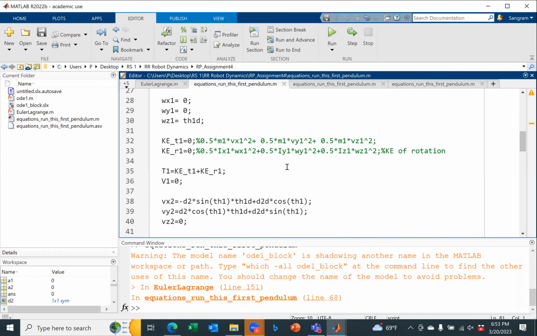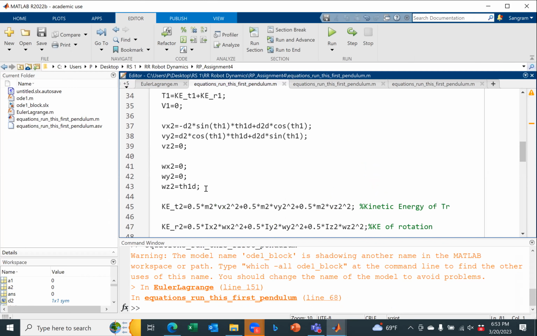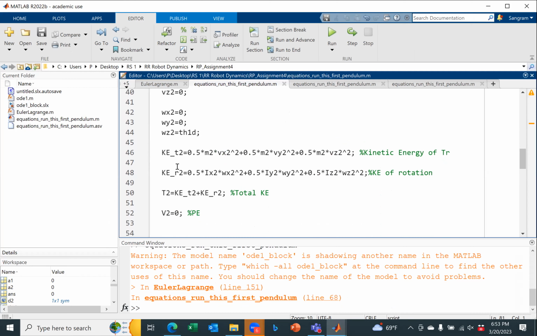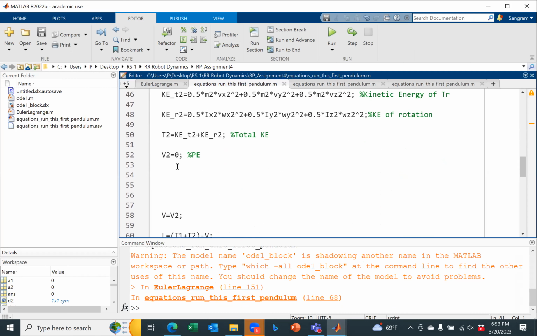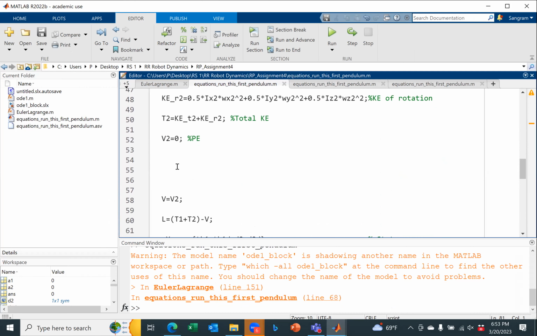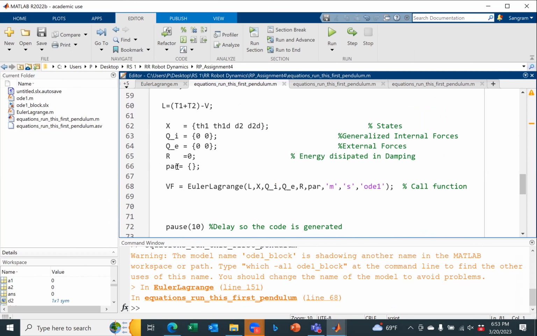And here, I want you to take a look at it. You have the kinetic energy for the third mass and the potential energy of the third mass. And then you add the kinetic energies, subtract the potential energies, get the Lagrangian, and solve the problem.